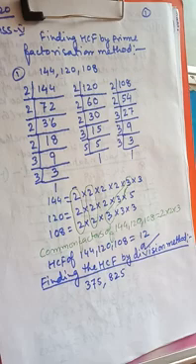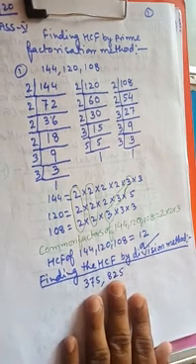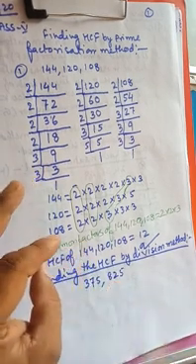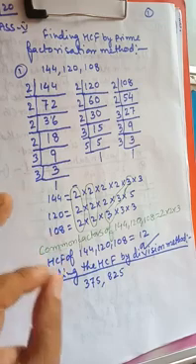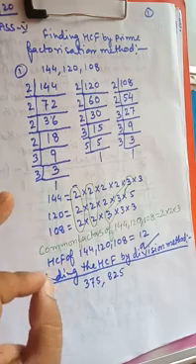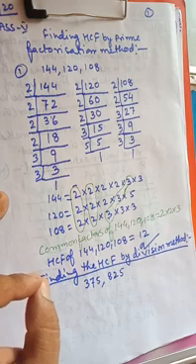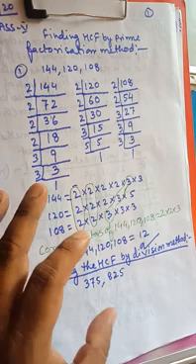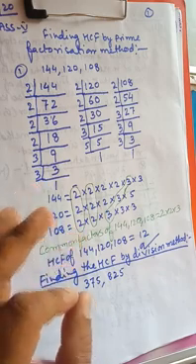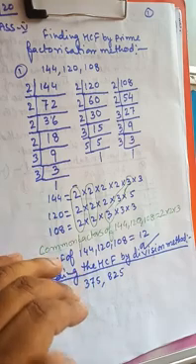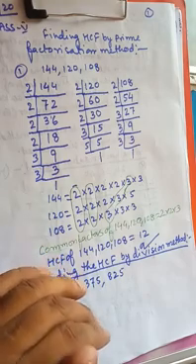Now in this method what we have to do is divide the bigger number by the smaller number. We have to divide until the remainder becomes 0.